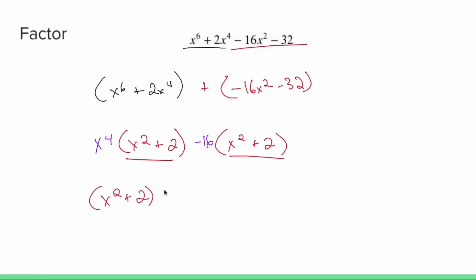Okay, now what I'm left with here is x to the 4th minus 16. Now I'm not done, because if you're looking at that and thinking difference of squares, you're absolutely thinking correctly. Let's keep it nice and clean and just focus on the x to the 4th minus 16.